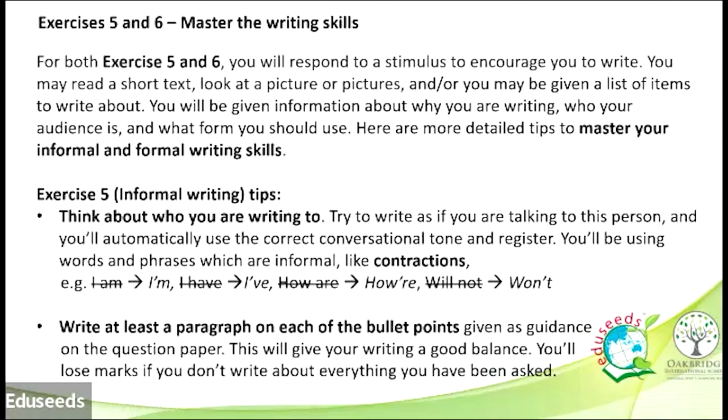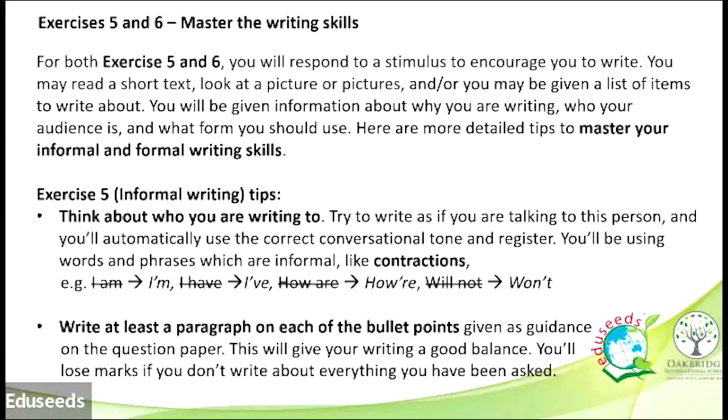You may or may not get a picture or pictures, which will give you maybe some ideas, some inspiration. Or you may be given a list of things to write about. You will be given information about why you are writing, who your audience is, and what form you should use. So remember, exercise 5 and 6, one will cover informal and one will cover formal.